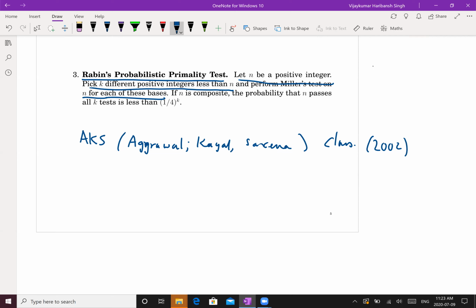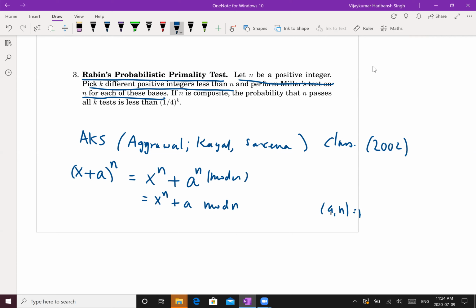And it relies on the following: if n is prime, then we get (x plus a) to the power n is congruent to x to the n plus a to the n mod n. So it is loosely based on our freshman's dream. So thank you for your attention.